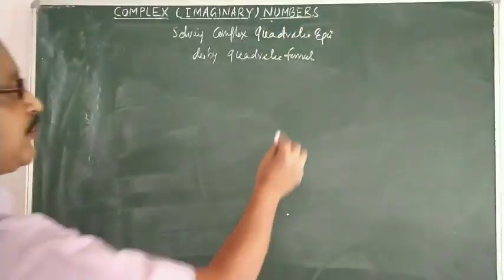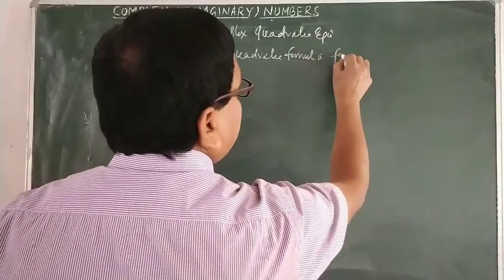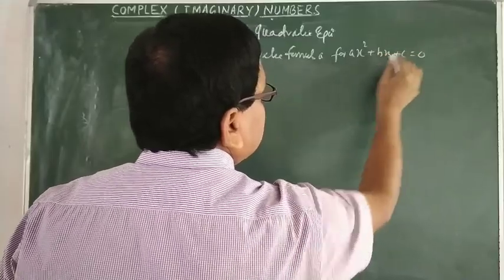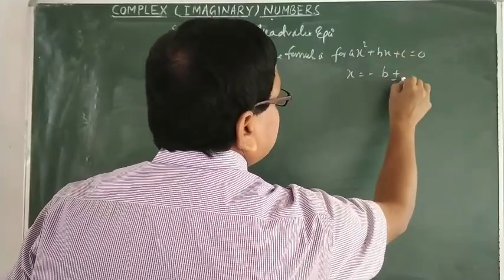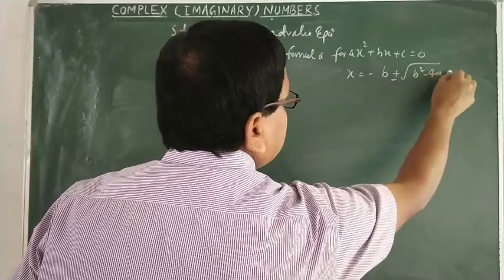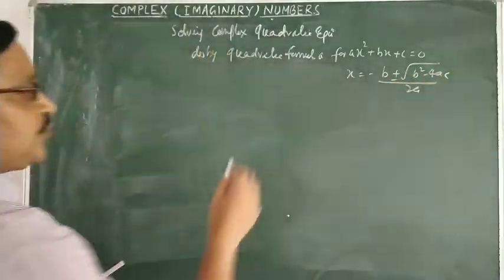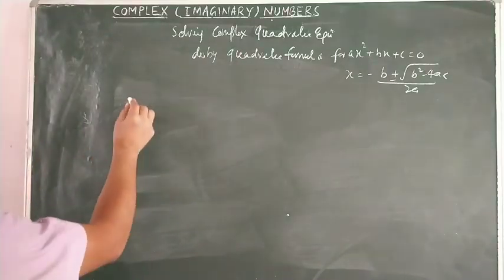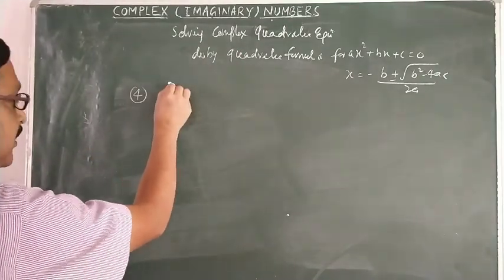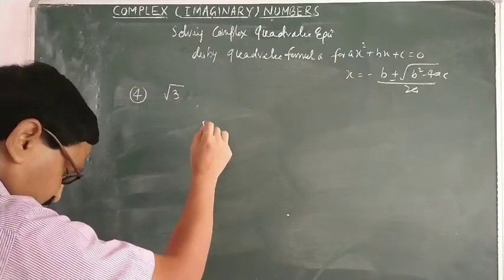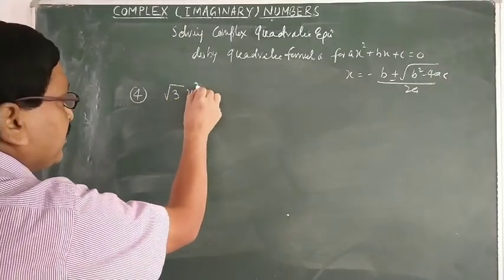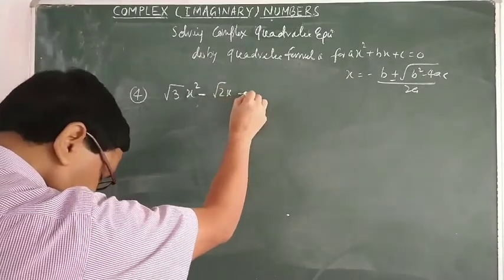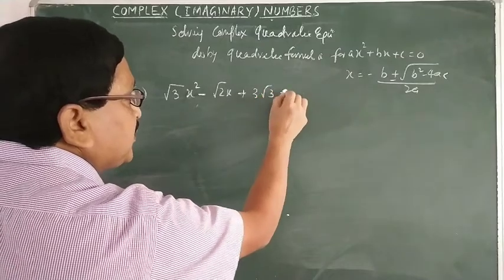And how is it solved? By the quadratic formula, you know, for ax square plus bx plus c is equal to 0, x is equal to minus b plus minus root over b square minus 4ac, by 2a. Use this to solve all complex quadratic equations. Let us take one example: root 3 x square minus root 2 x plus 3 root 3 is equal to 0.